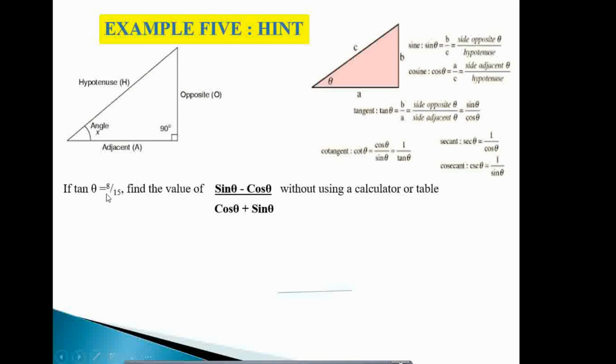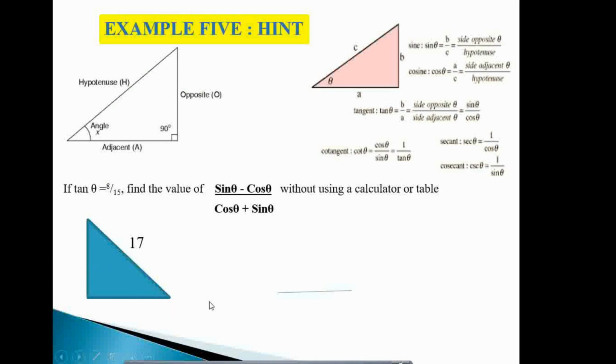So if tan theta is equal to 8 over 15, find the value of sine theta minus cos theta over cos theta plus sine theta. Here you are required to find the value without using a calculator or a mathematical table. So let's take an example of this triangle.